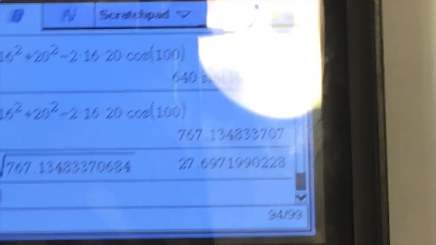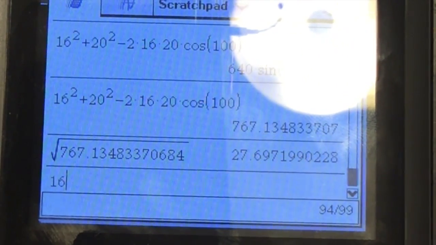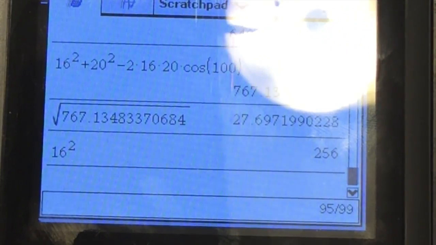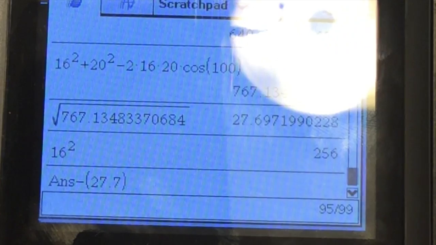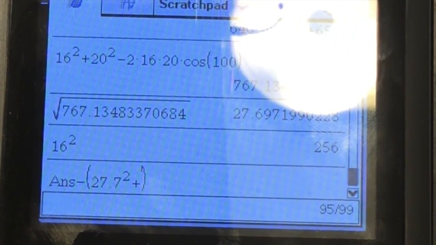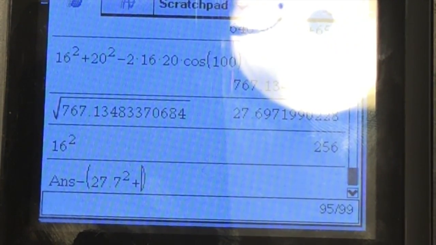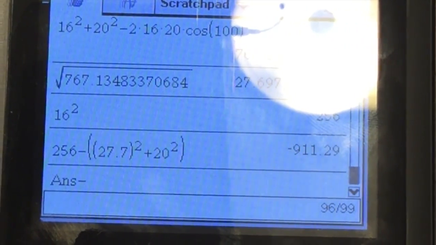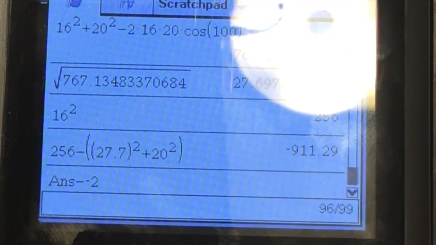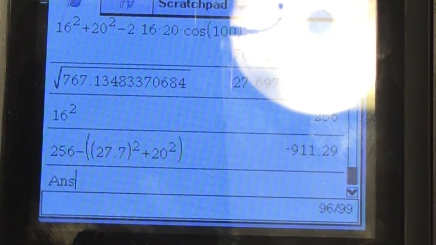So I have 16 squared minus 27.7 squared plus 20 squared, divided by -2. Let's put this in parentheses just so I don't mess it up.